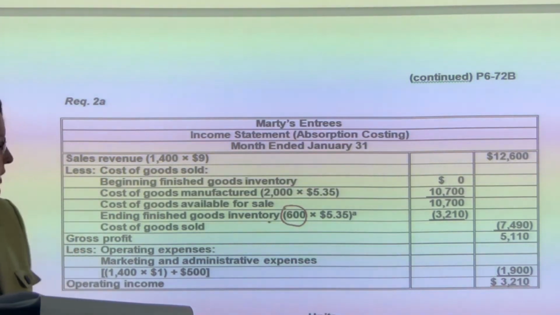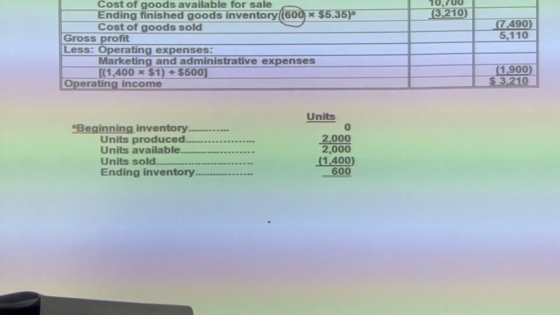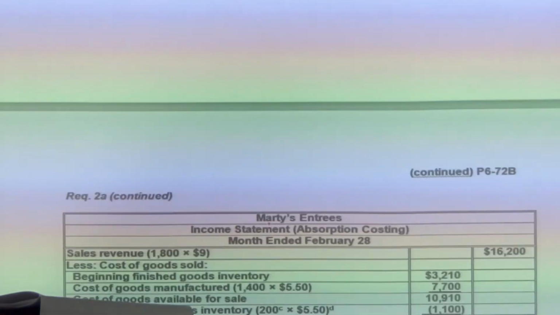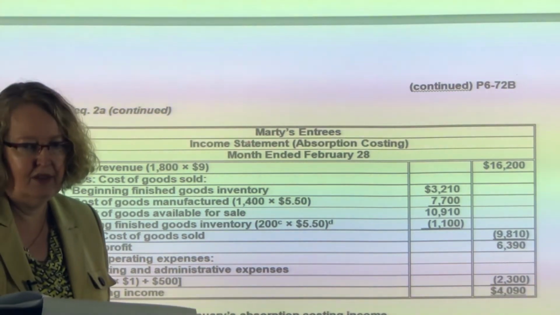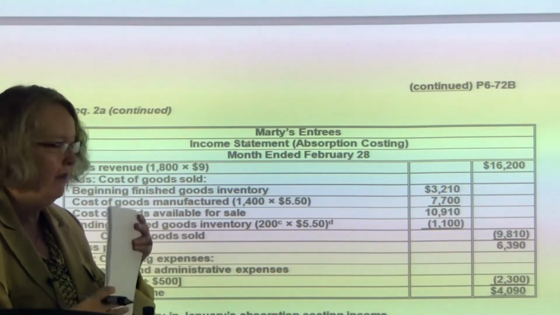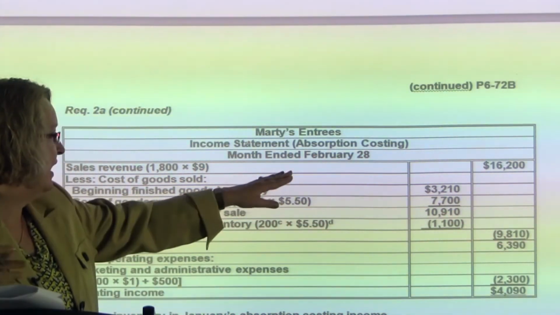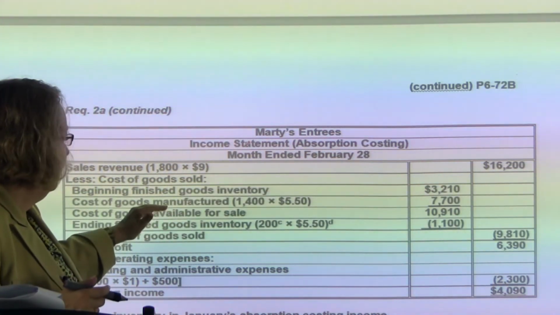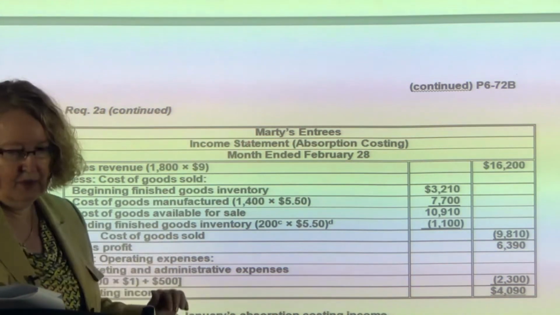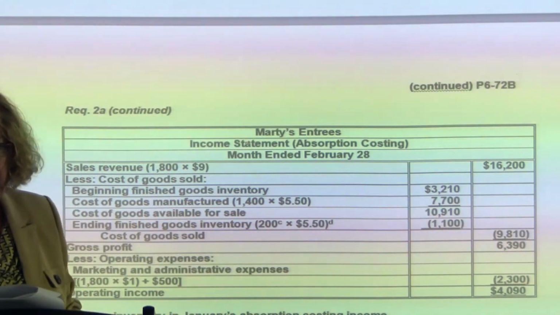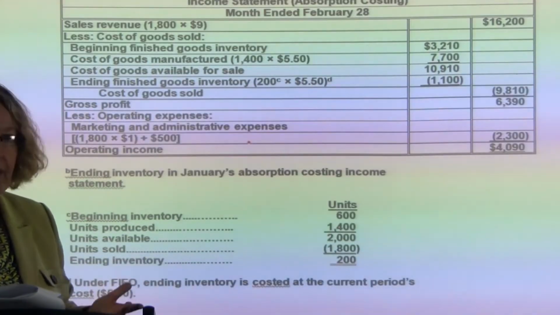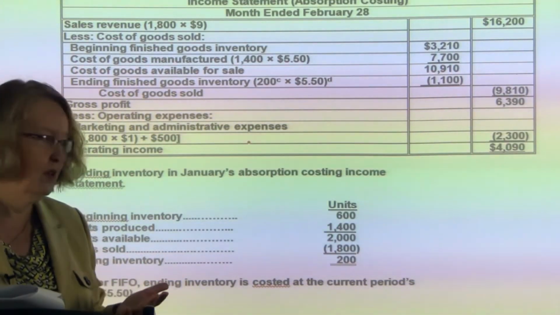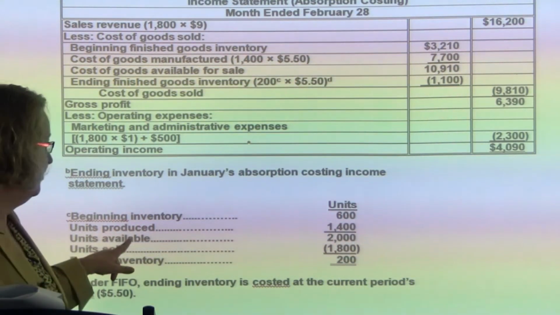So for doing the same thing, but for February, our sales in February are 1,800 meals at $9 a meal, so our revenue is $16,200. Here we have beginning inventory. So we know that from January, you'll recall that we made 2,000 units, we sold 1,400, so we had 600 left over.